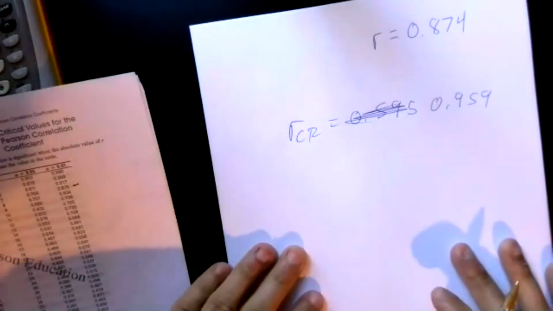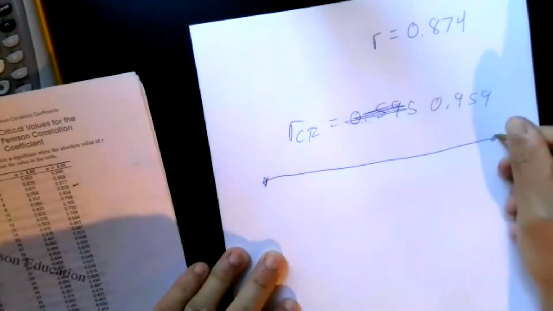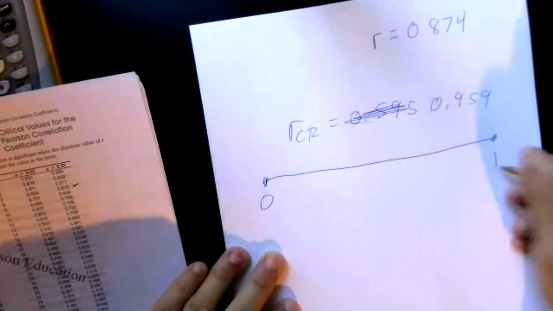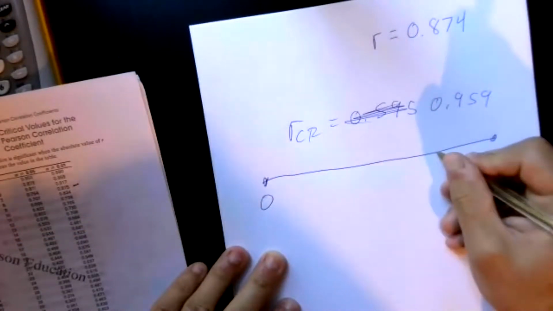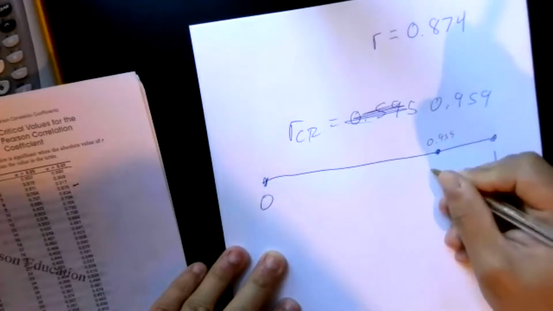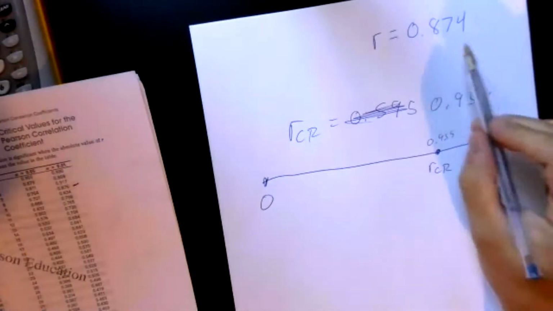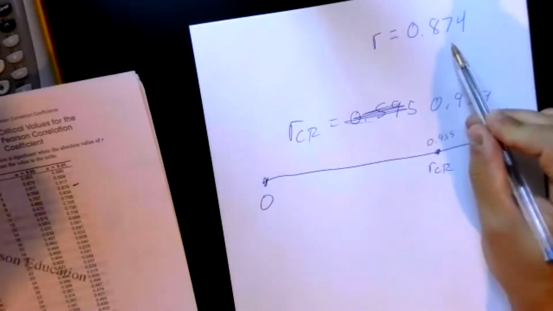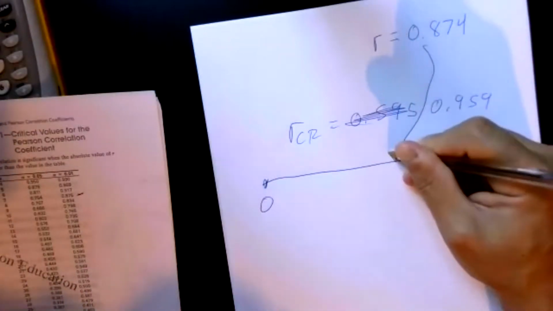We're not going to draw a curve like we did with hypothesis testing, but we can draw a straight line. This is 0, this is 1. The critical value is 0.959. The R value that we computed from the calculator is 0.874, which is going to fall below somewhere.